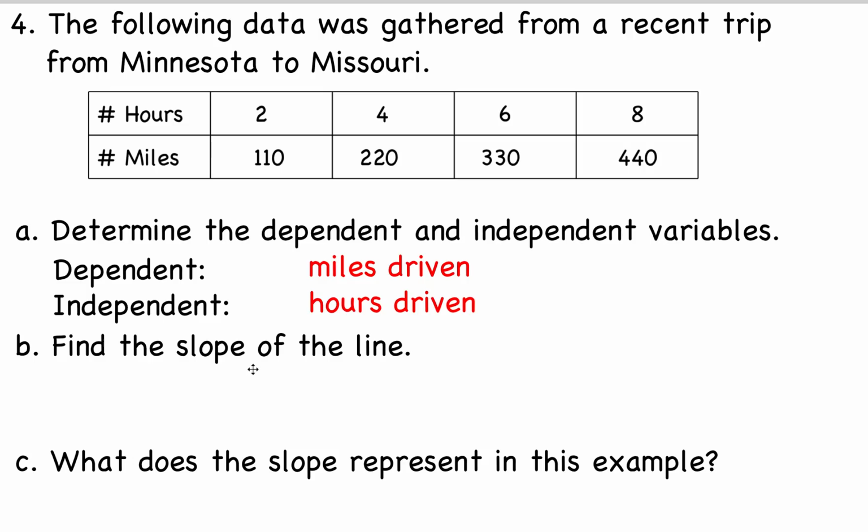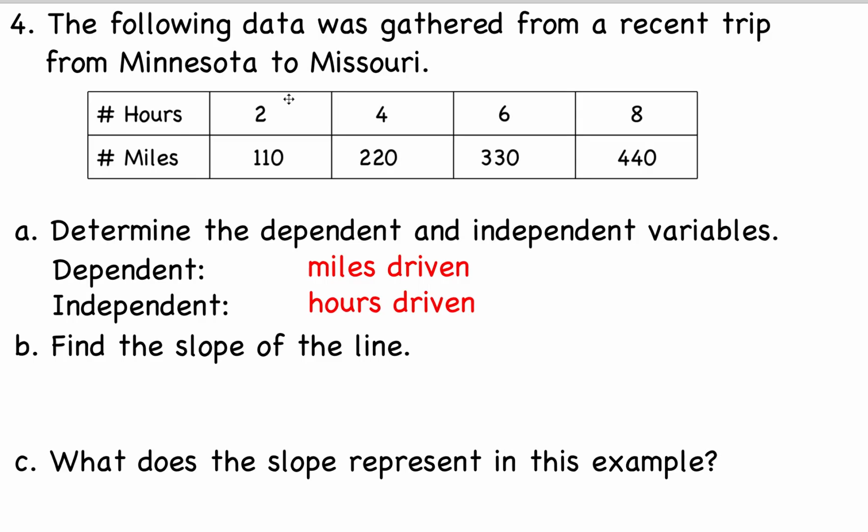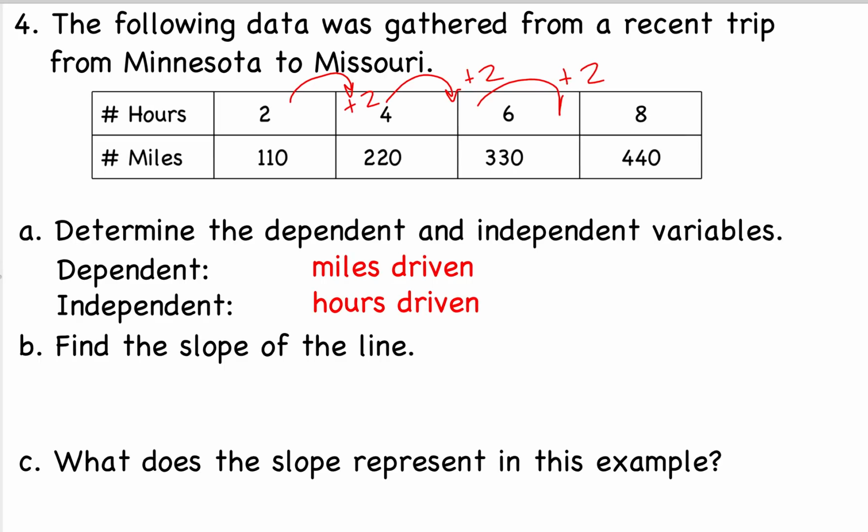And then if we want to find the slope of the line, we need to find what's changing here. So remember, we need to find out how we're getting from one point to the next one in our graph, and each of these is going up by 2. So the hours are the independent variable, so that's going up by 2. And then our dependent variable, how are those changing?